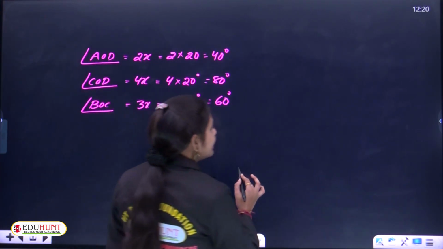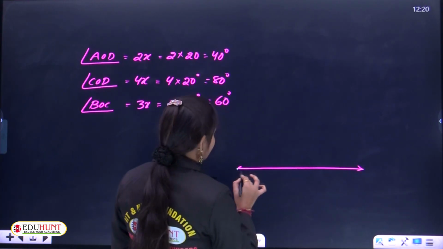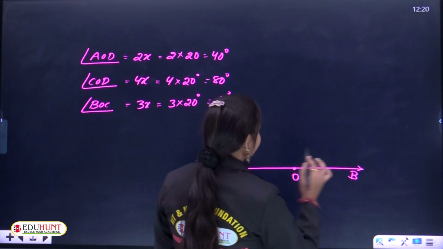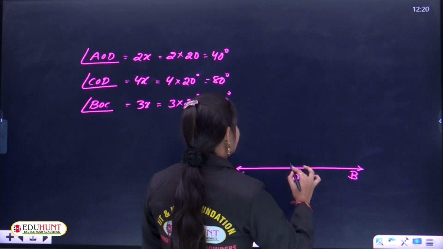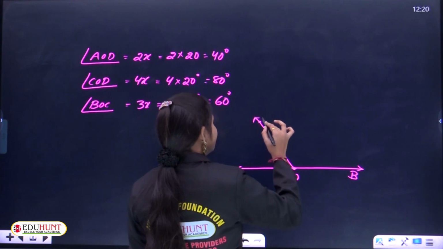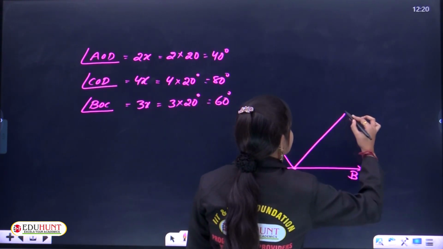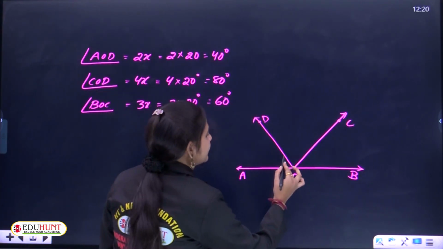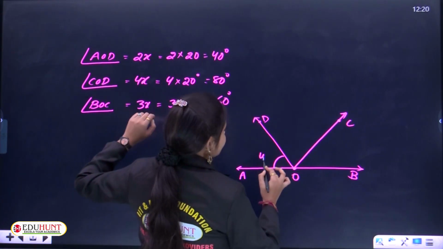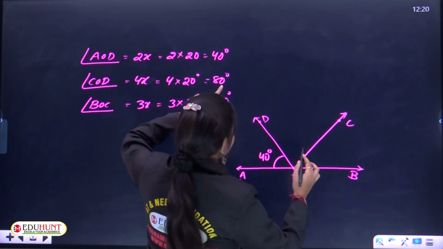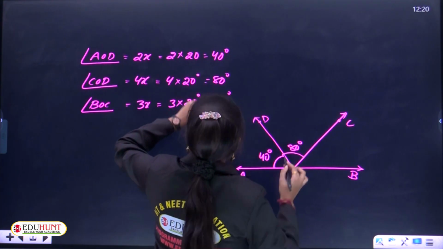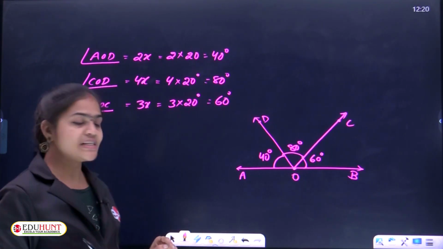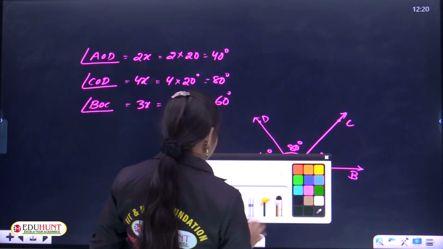Now see that, here I will draw the diagram. This is O, AOB, and here this is AOD. Next this is C. Now here the angles are AOD is equal to 40 degrees that we got. Next DOC, which is equal to 80 degrees. And in the same way BOC is equal to 60 degrees. As per this, they have given angular bisectors also.